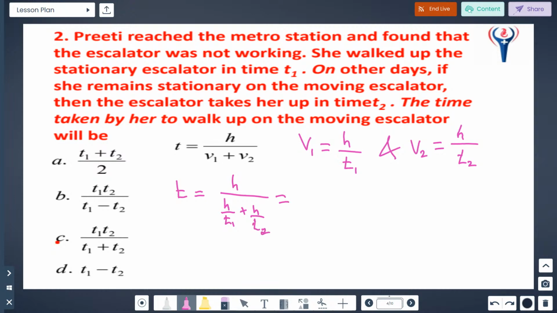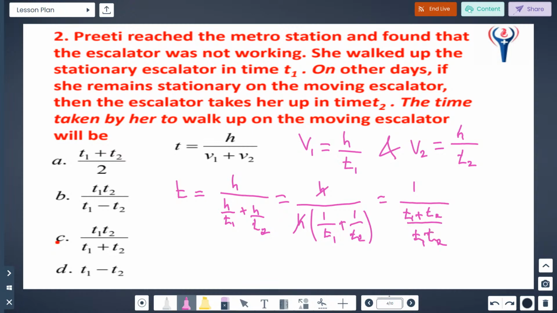H take outside as a common. H divided by h into 1 by t1 plus 1 by t2. This h getting cancelled. Then 1 by t1 plus t2, simplify that. Then t1 plus t2 divided by t1 into t2.